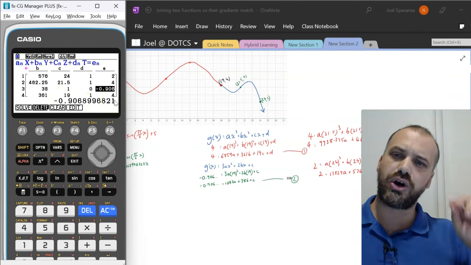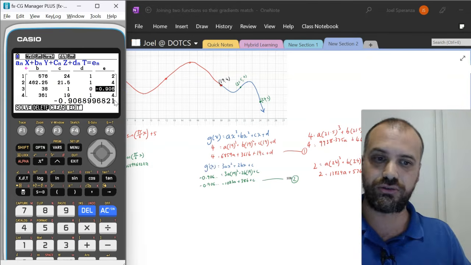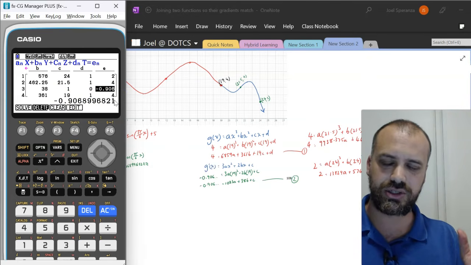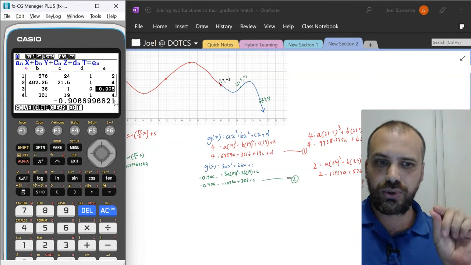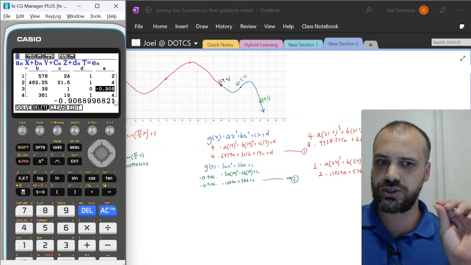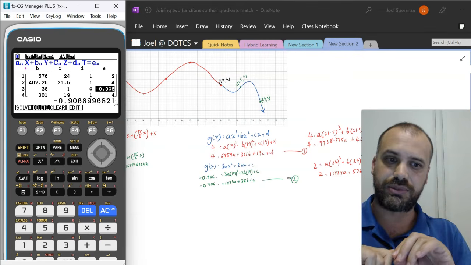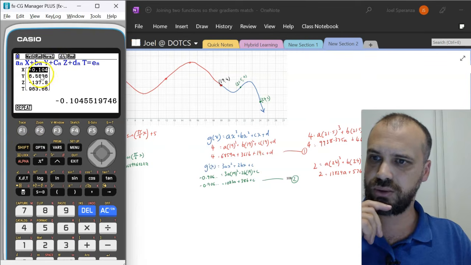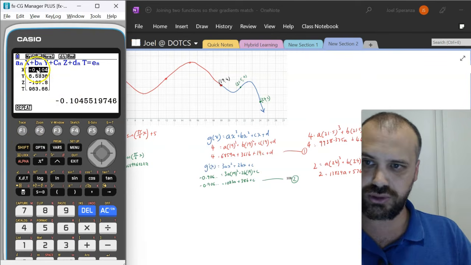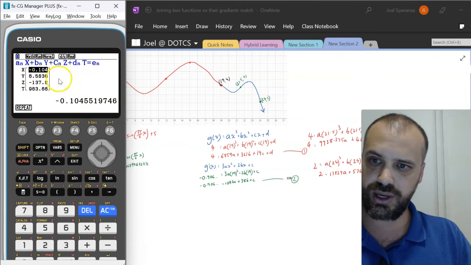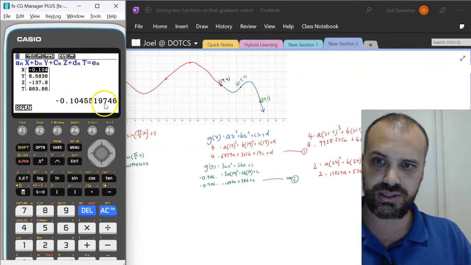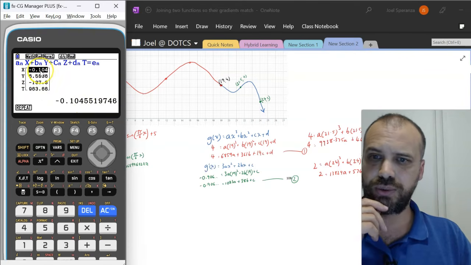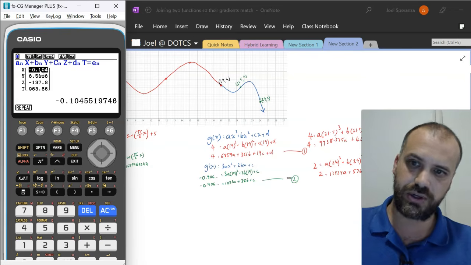It's going to be so important that you use like 100 digits here, as many digits as you can, because very, very small changes in polynomials change their shape significantly. Okay, solve, and we get this here. Now, don't enter this value for your equation. Enter this value for your equation. If you enter this value for your equation, it's never going to work.